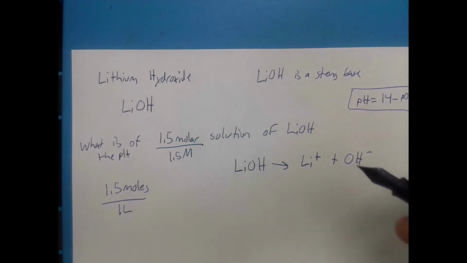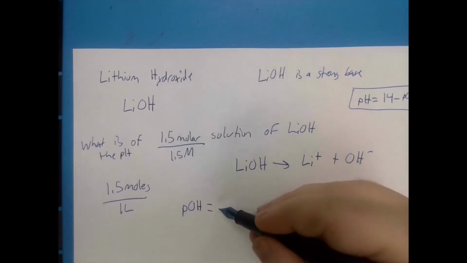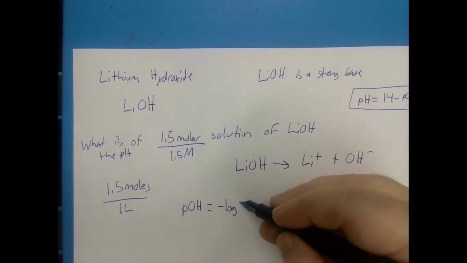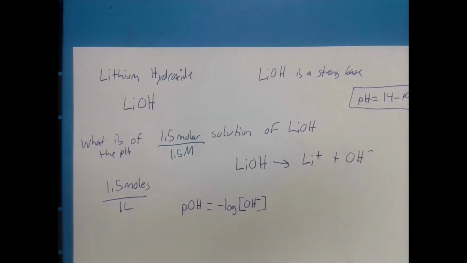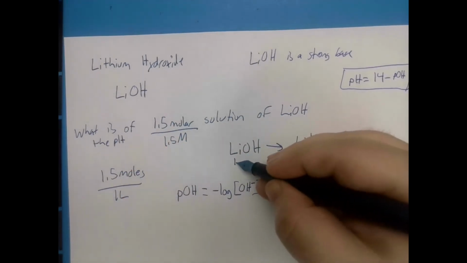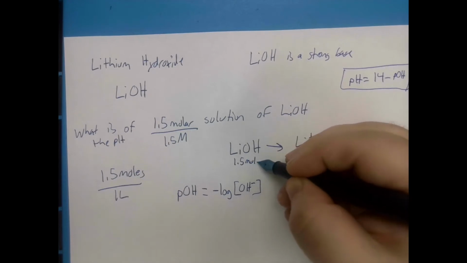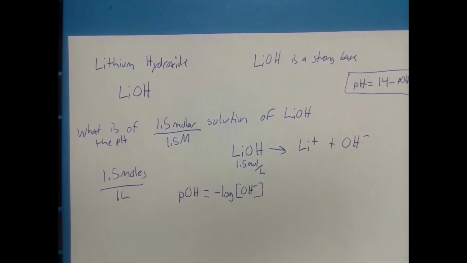So we can calculate the pOH of the equation. That would be equal to the negative log of the concentration of OH negative ions. So we know that we have 1.5 moles per every liter of LiOH.